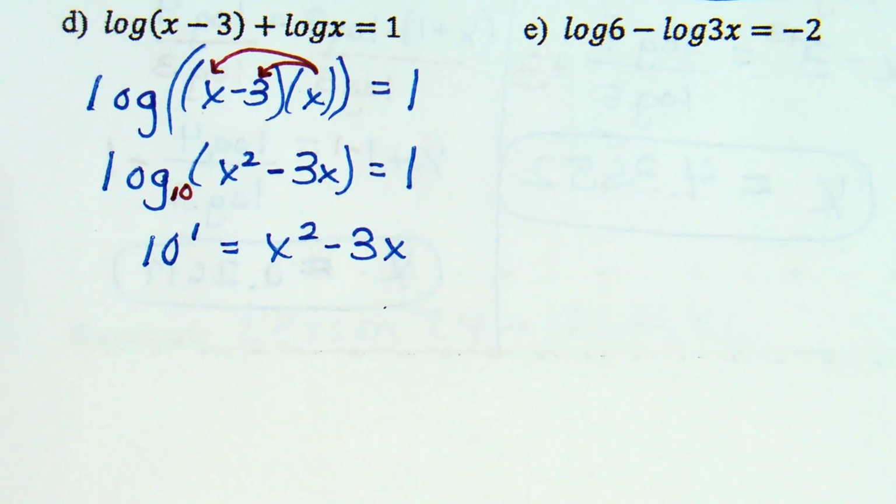Thoughts on where to go next? How do we solve an equation when there's x squared and x terms and a number term? Factor. Before we can factor, what do I have to do? Make the equation equal to 0.